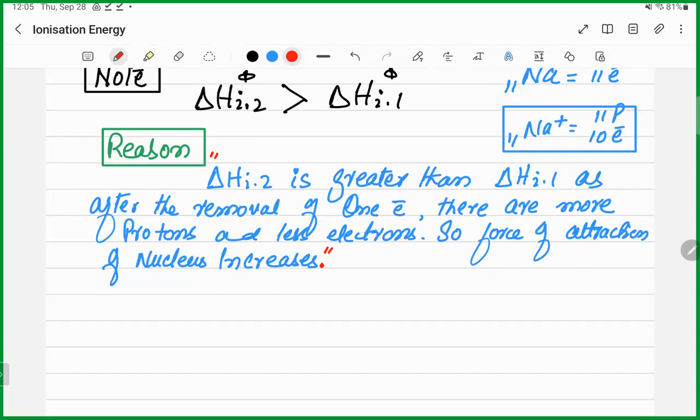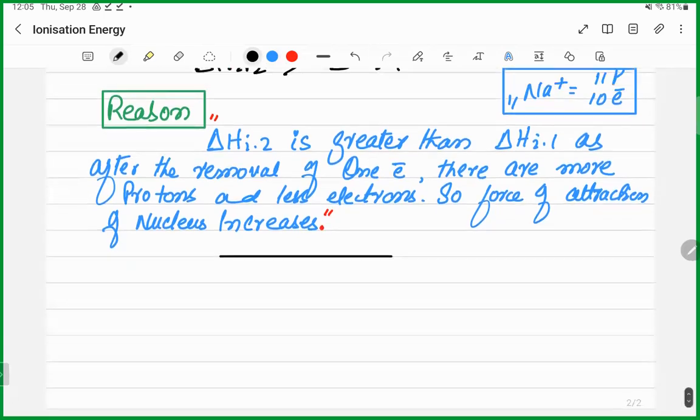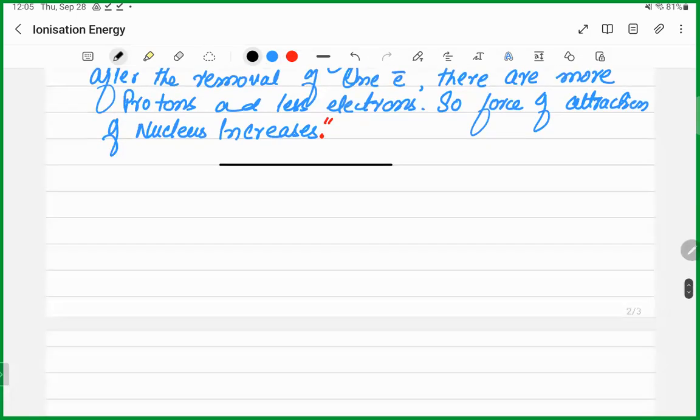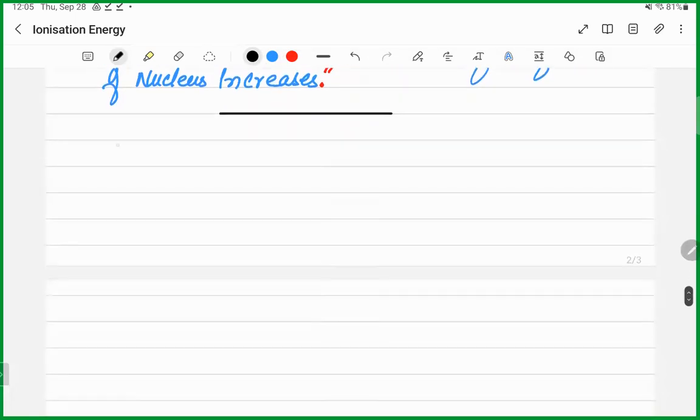Effective means the protons are the same, but what is faced by the electron is more. The electron is facing more. In a similar way, the third ionization energy value is even greater than the second one, and the fourth is even greater than the third one. Now keeping this in mind, let's talk about successive ionization energy values.